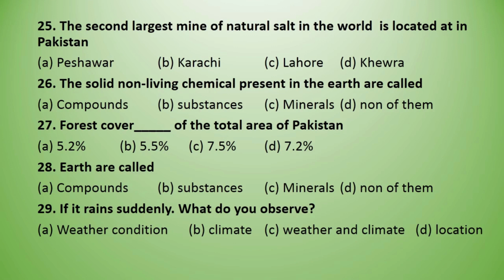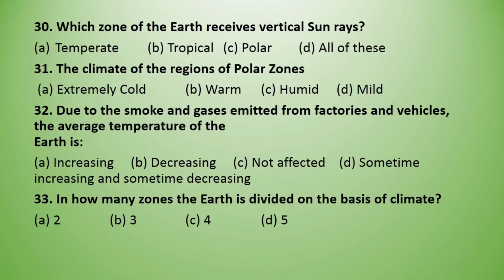29. If it rains suddenly, what do you observe? A. Weather condition, B. Climate, C. Weather and climate, D. Location. Answer is A. Weather condition. 30. Which zone of the earth receives vertical sun rays?